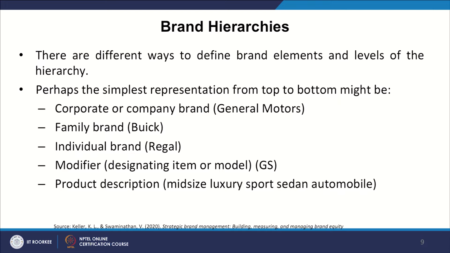For example, General Motors, in that case it was ESPN, family brand is Buick, and then individual brand is Regal, modifier is designated item or model, let us say GS, and product description is mid-size, luxury, sports sedan, automobile. So, that is how things are as far as brand hierarchy goes, and the objective is differentiating while capitalizing upon the brand strength and the brand power.